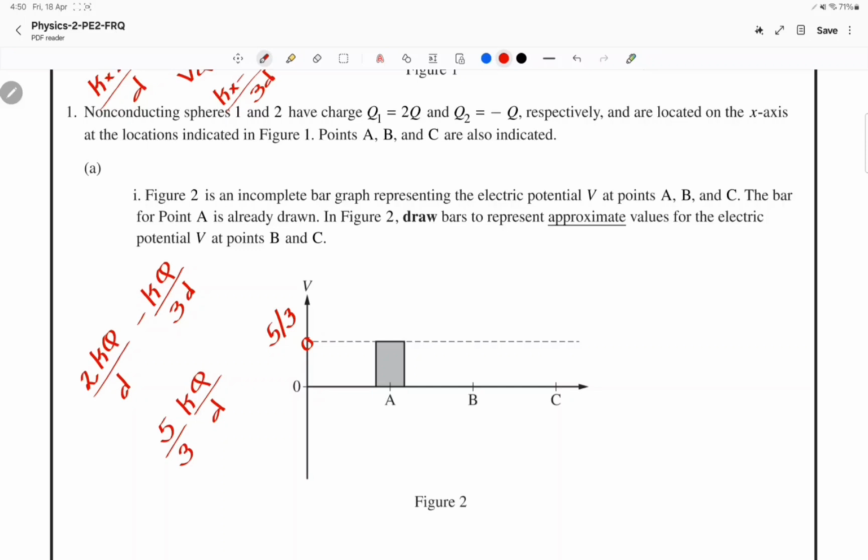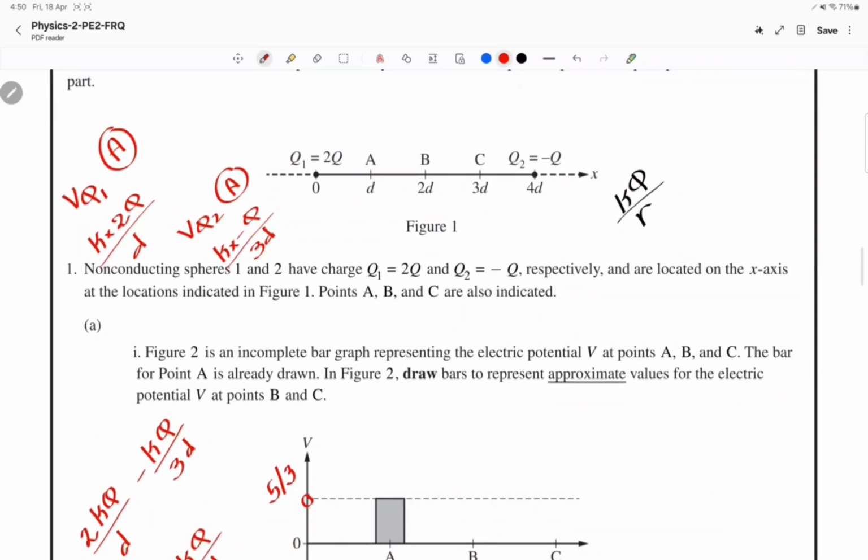Okay, how about the voltage at point B? How far is Q1 from point B? 2D. Nice. And how far is Q2 from point B? Yeah, also 2D.